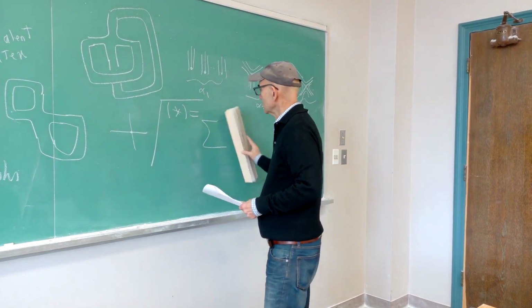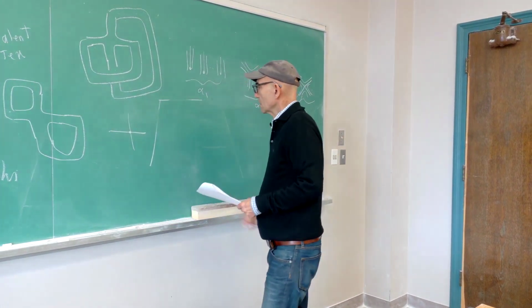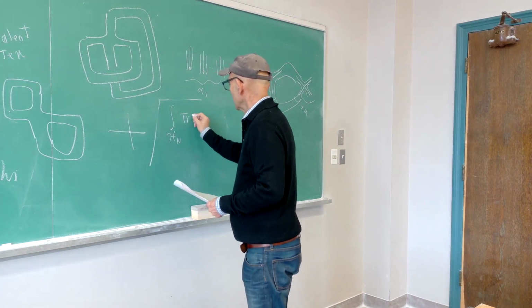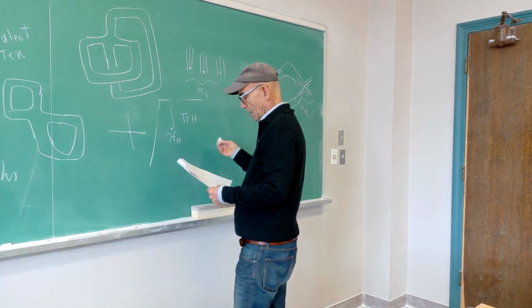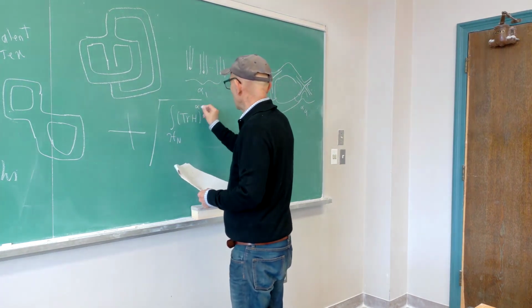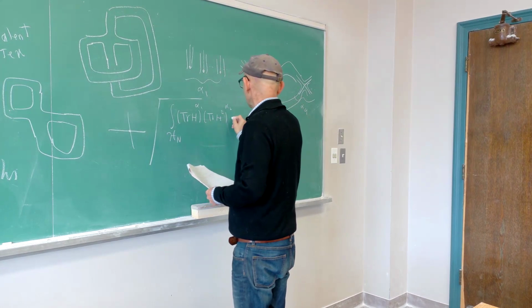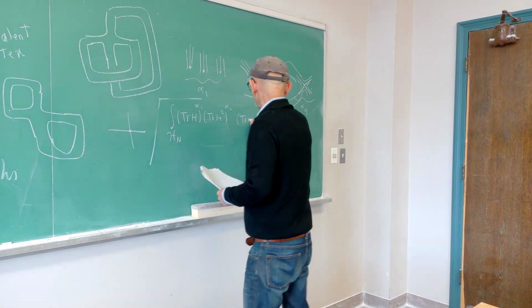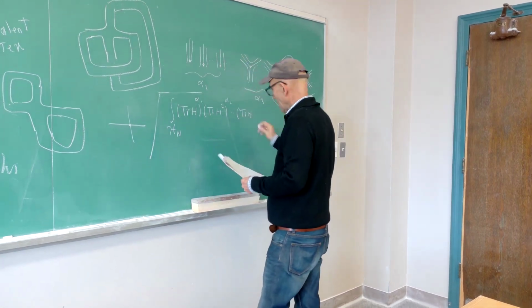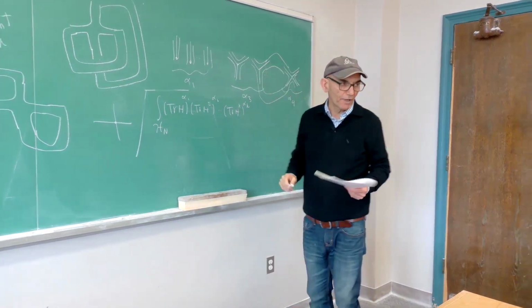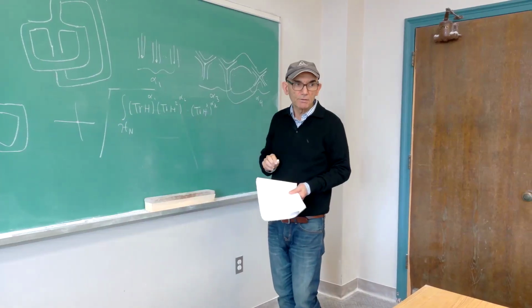Let me write it completely: the integral over H_n of trace of H to the alpha 1, trace of H^2 to the alpha 2, trace of H^k to the alpha k, d mu of H. These are the expectation values.